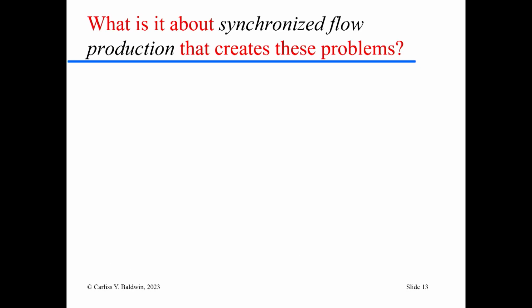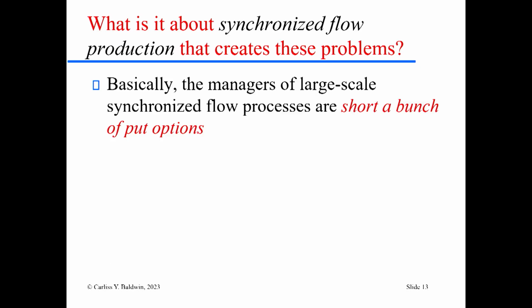So what is it about synchronized flow production that creates these problems? Basically, they're not short a bunch of put options, they're short one but very different kind of put option.